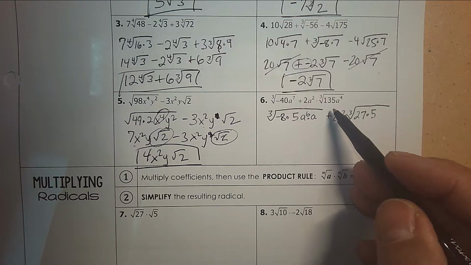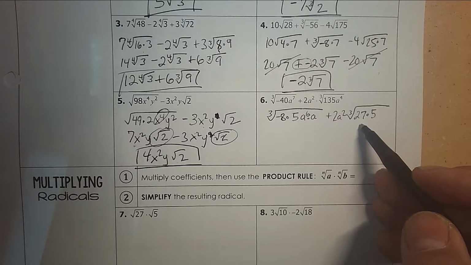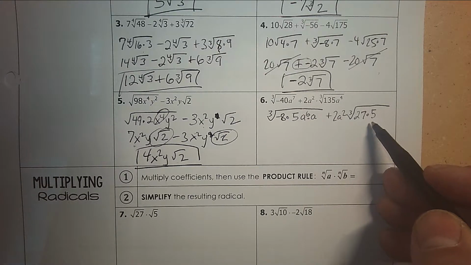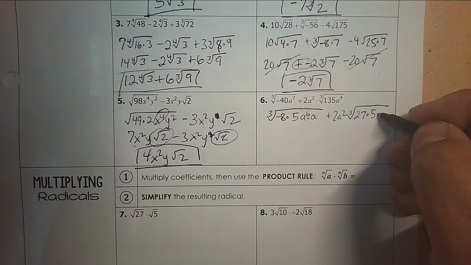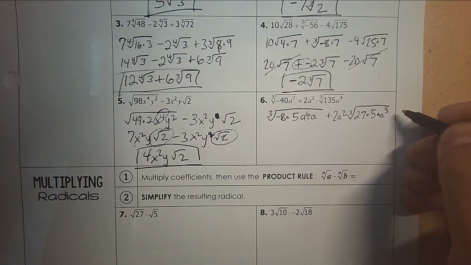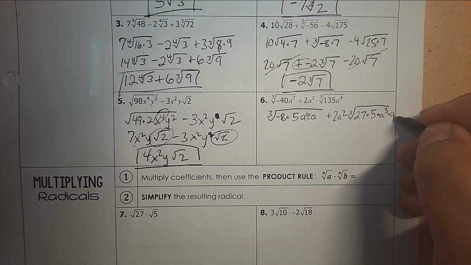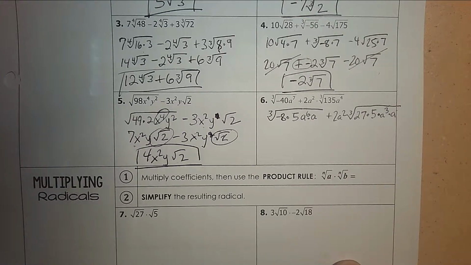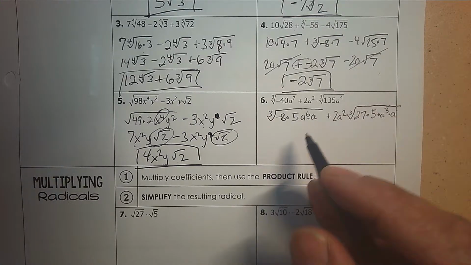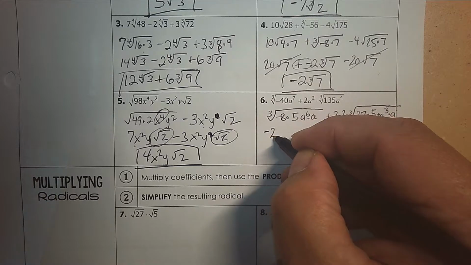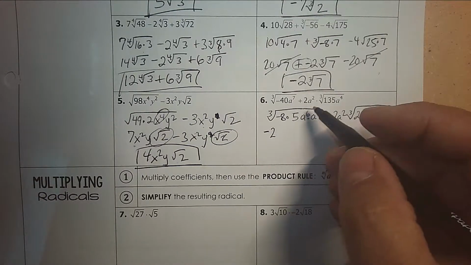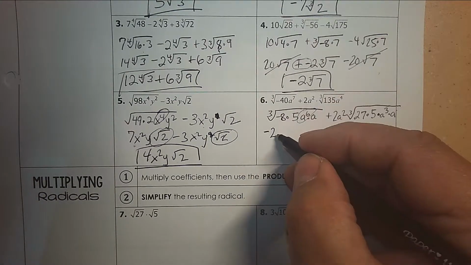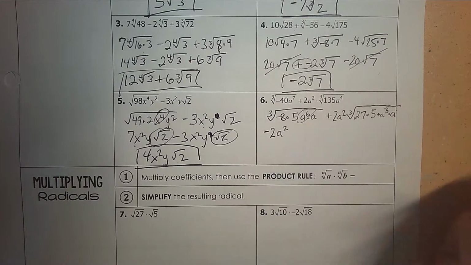For 135, the number is 27 times 5. A to the fourth we need to write as a cubed times a. So the cube root of negative 8 is negative 2. The cube root of a to the 6th, divide the exponents, and it's a squared.